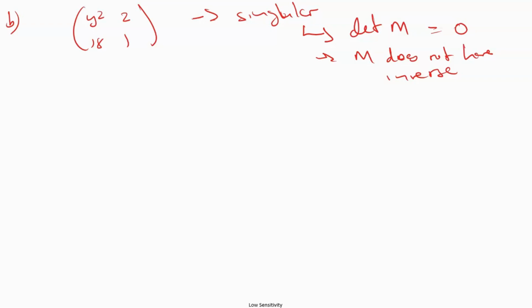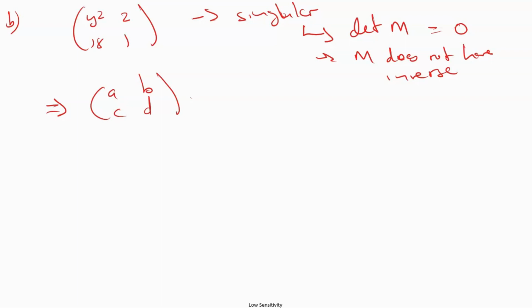All right, so we can take a look at a general matrix A, B, C, D. We say that the determinant of this general matrix has to be 0 for it to be singular, since it doesn't have an inverse.